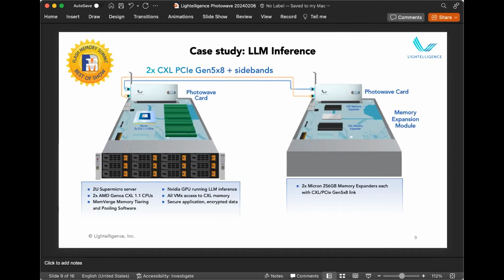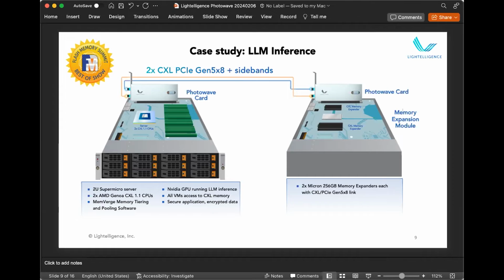And we connected a PCI Gen 5 slot. What you can see here is a Gen 5 by 16 PCI slot with the Photowave card supporting 2 CXL links, with sidebands, connected to another Photowave card in what we called our memory expansion module.